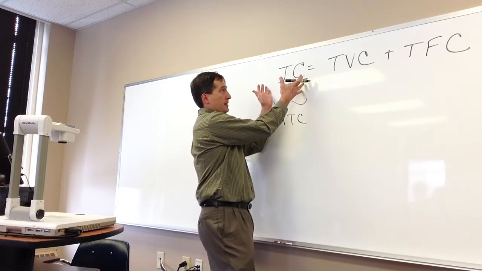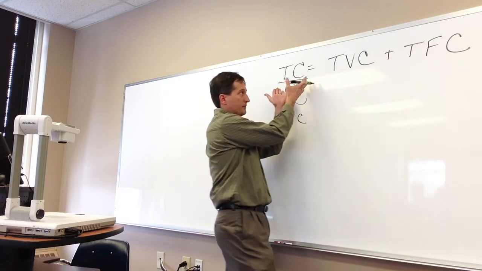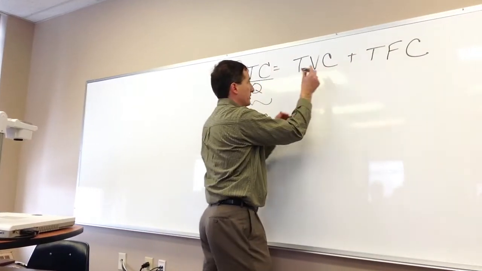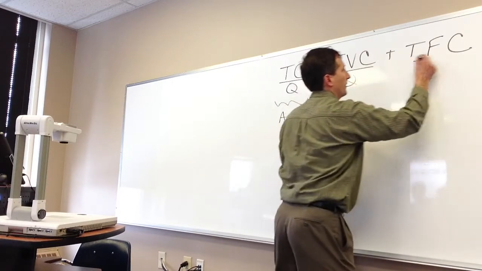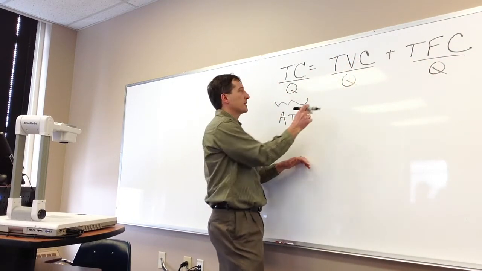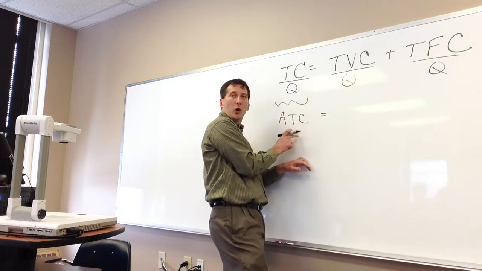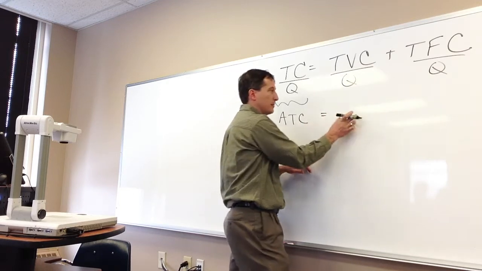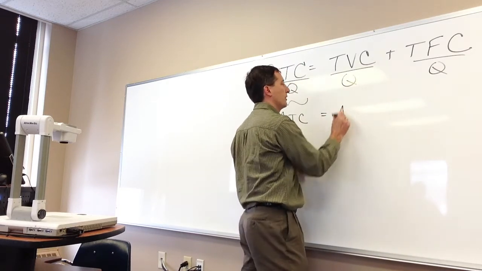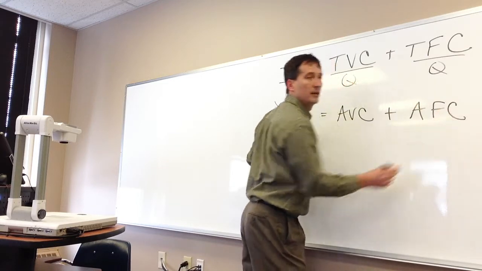If I divide this side by Q, I have to divide the other side of the equal sign by Q as well. That gives me another formula you have to commit to memory: the average total cost of production is the simple sum of average variable cost and average fixed cost.